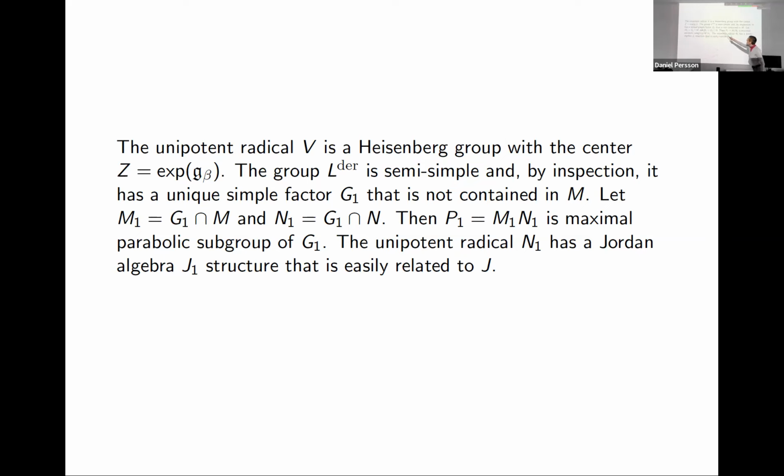Now, this is the semisimple derived group of the Levi subgroup here, and it has a unique simple factor G1 that is not contained in M. Then, when you intersect this G1 with M, you get a maximal parabolic subgroup in G1.